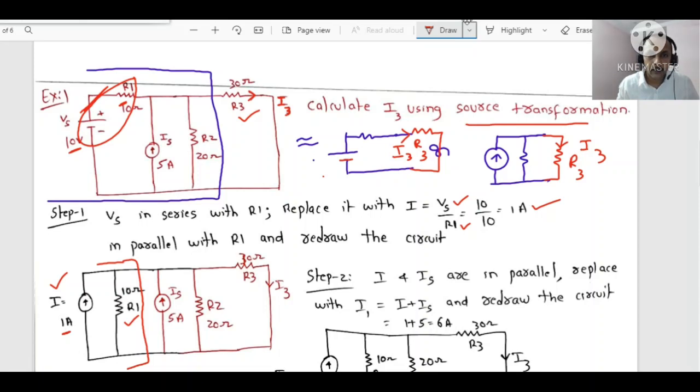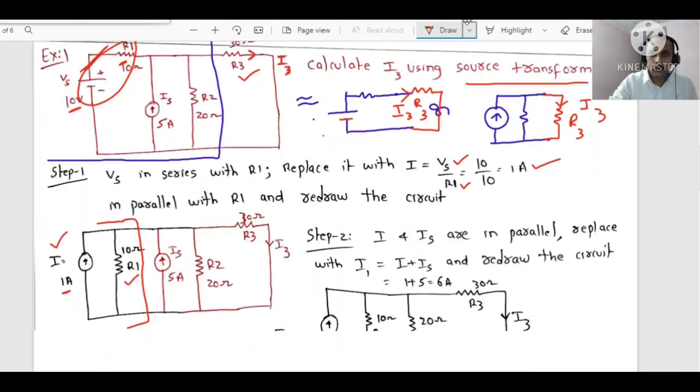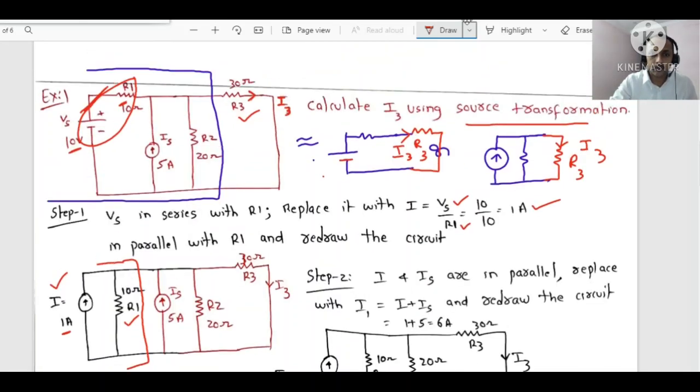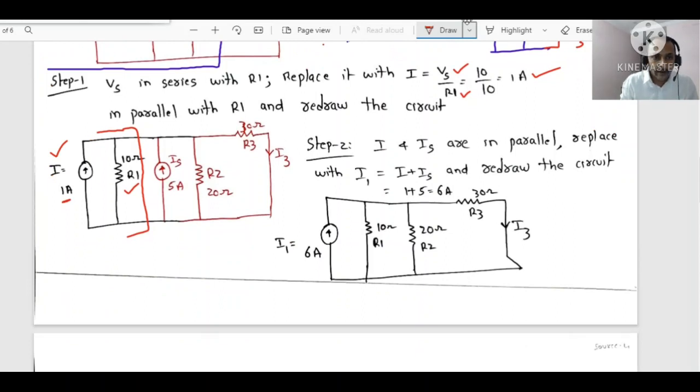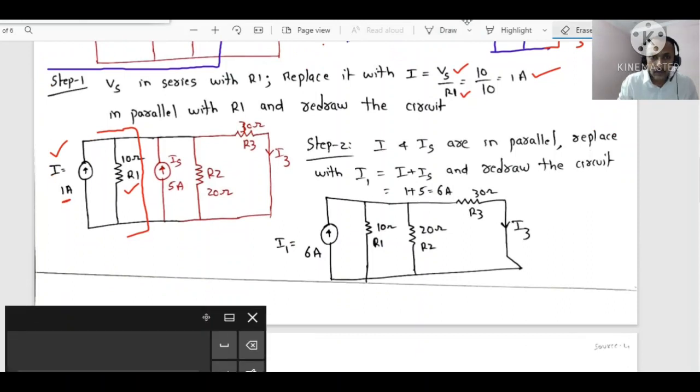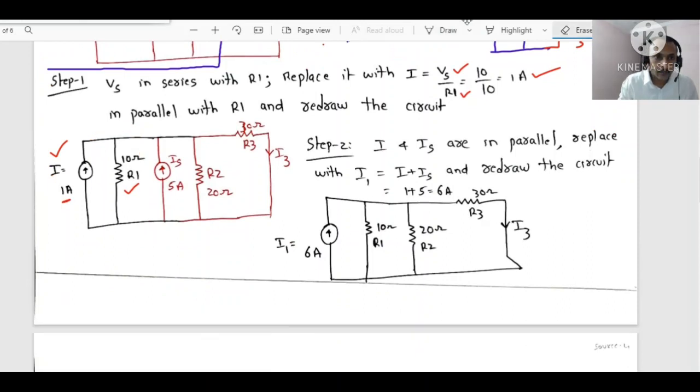So far clear? That is step 1, all based on looking into the circuit only. Now observe, after redrawing the circuit, this is the circuit we have to solve. That part is completed. Now this one is to be simplified further.